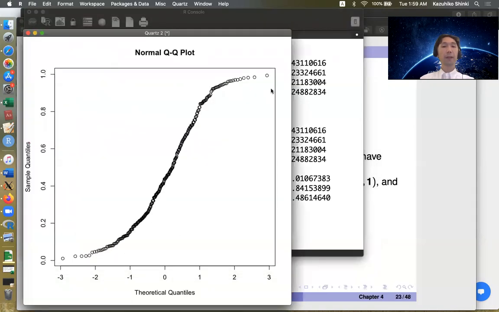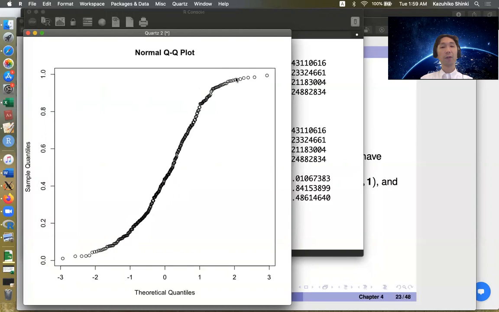This is a kind of S-shape, similar to maybe y equals the cubic root of x or something. Around the center, x equals 0, it looks similar to a straight line. But if the trend line is around here, these observations are clearly below the trend line, because all observations are less than 1.